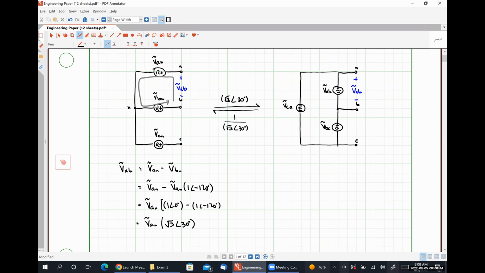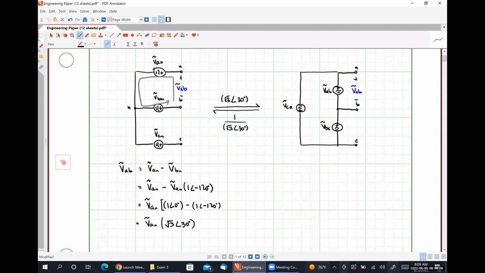And so this is our simple transformation, okay? We can go from a delta connected source to a Y connected source by dividing all of our phase voltages by square root of 3 angle 30 degrees, and that will give us our Y connected phase voltages. So that transformation is pretty easy and pretty straightforward.